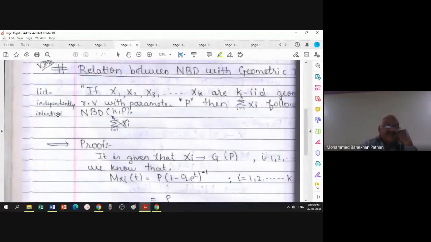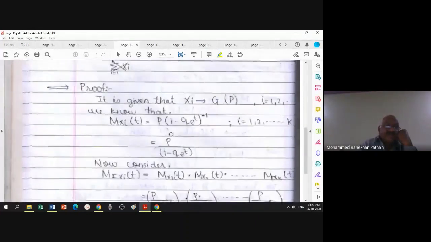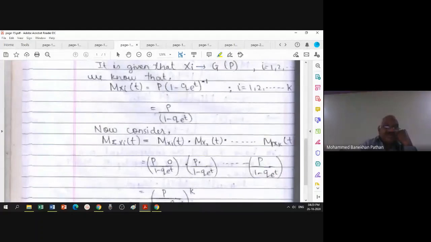Identical, that means everybody has the same MGF. So I replace M_X1(t) by this bracket, M_X2(t) by this bracket, and so on. M of Xk, the last variable's MGF, is this bracket. All these brackets are the same.